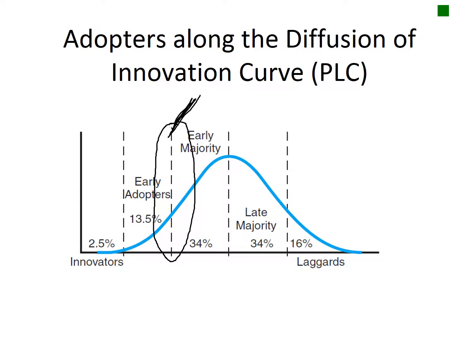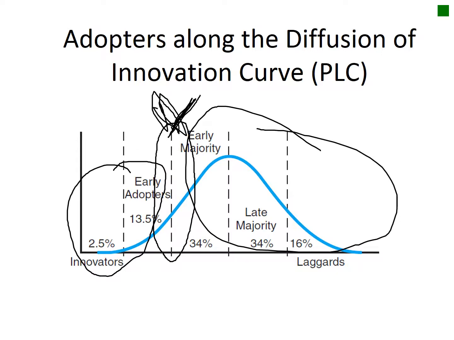There's a break happening between the early adopters and late majority. You can group these guys together, and then you can group these guys together. This is called crossing the chasm when you move from here to here, because a very different type of consumer ultimately buys at that period of time.